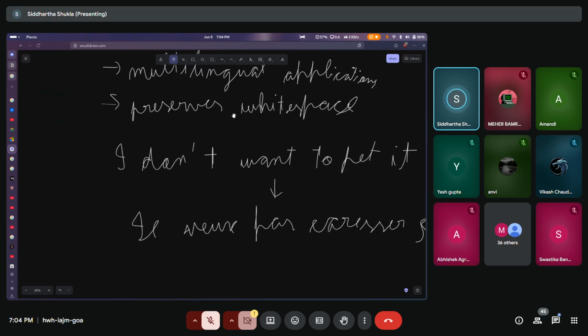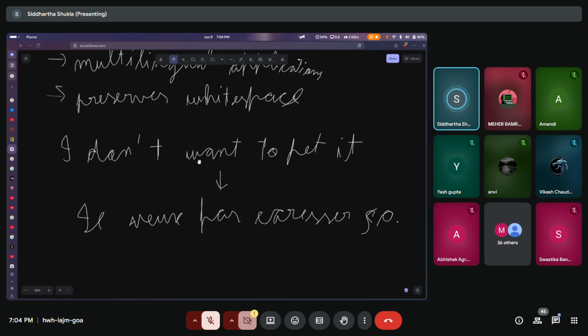In this case, preserving white space information is very crucial because the direct position of your nouns and different tokens is different in these languages.